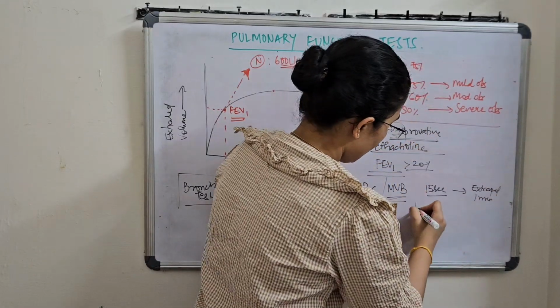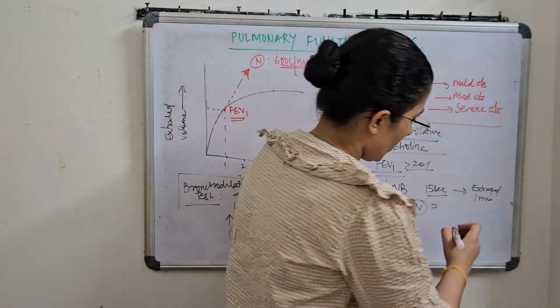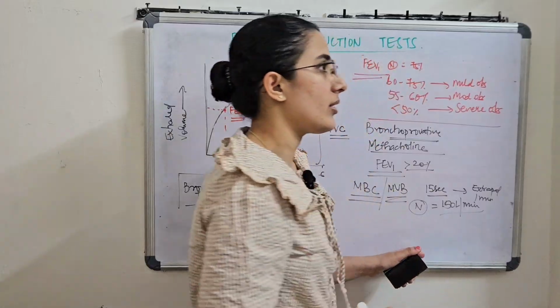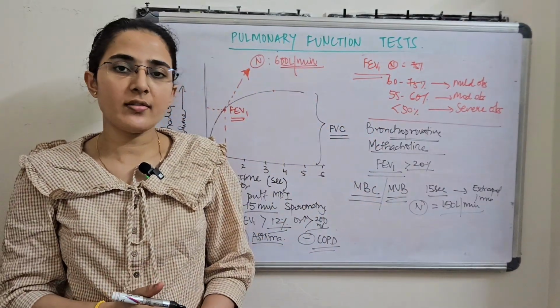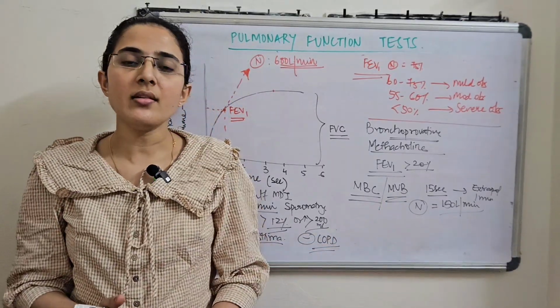Normally the maximum breathing capacity will be about 150 liters per minute. This is reduced in advanced stages or in obstructive lung diseases.